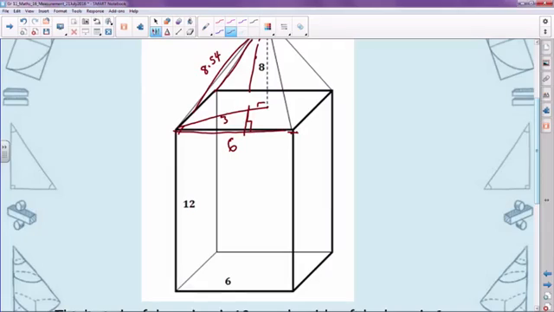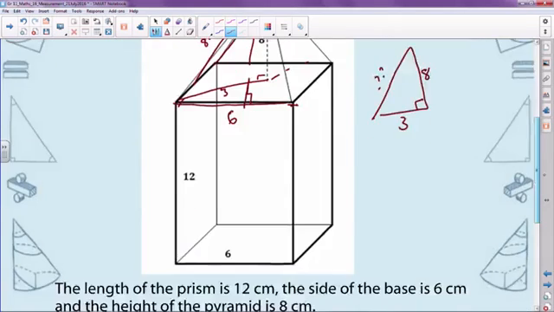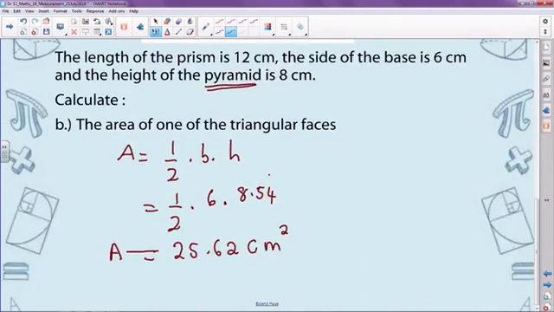There's 8, and then we construct from the square base and the top, and we know that if you break it into 2 equal halves, so you've got a 3 and a 3, then that 3 and 8 forms a right angle triangle, and then we are able to work out the height using Pythagoras theorem. Okay, let's now proceed.